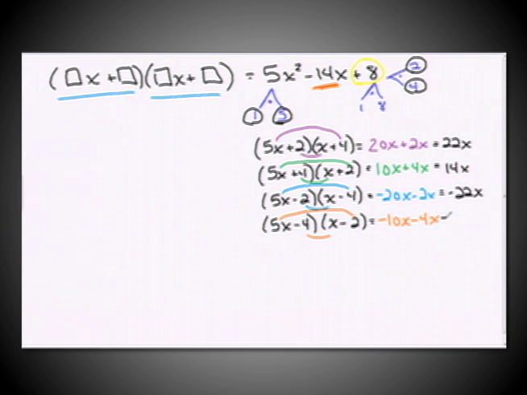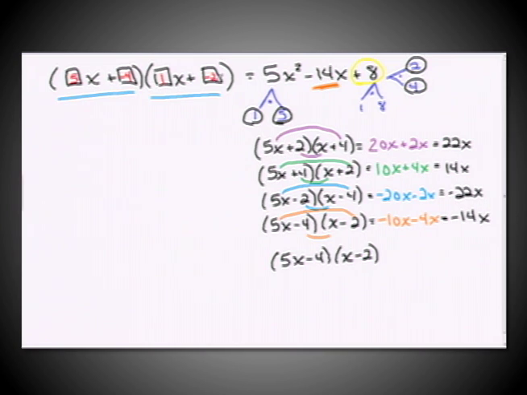Of course it would be the last one. Gives us negative 14x. So through trial and error, we find that 5x minus 4 times x minus 2 gives us those inside terms. So we can come up here and fill in 5x and a negative 4, positive 1, which is understood, and a negative 2.